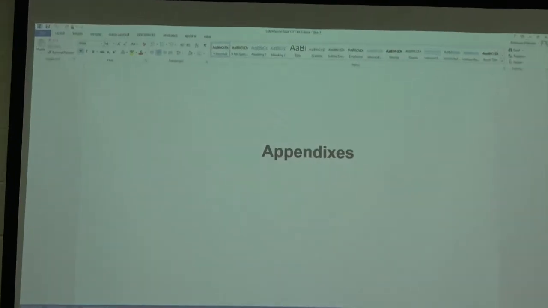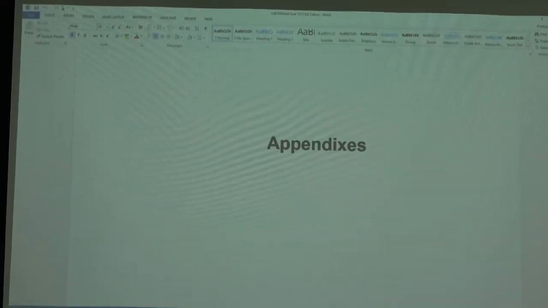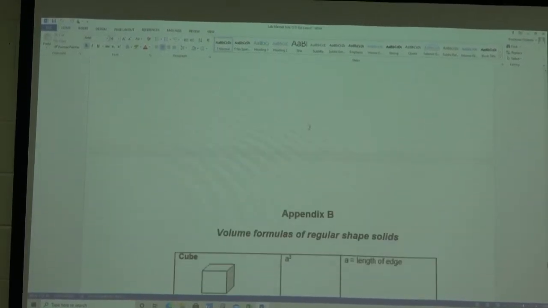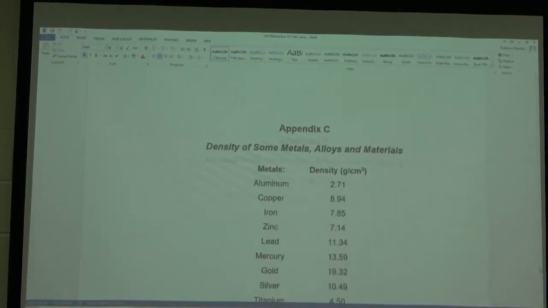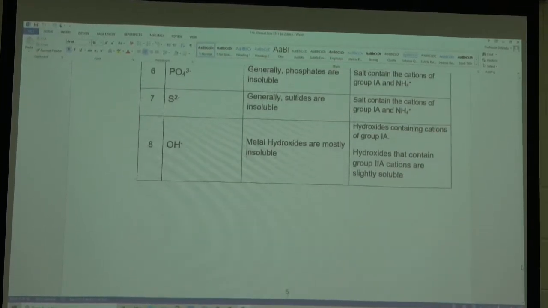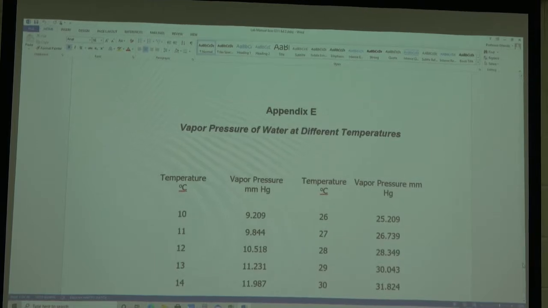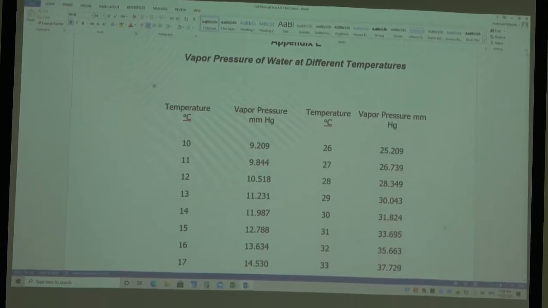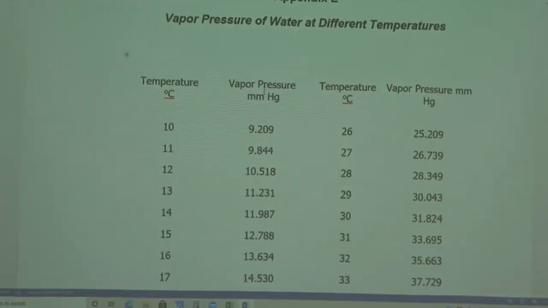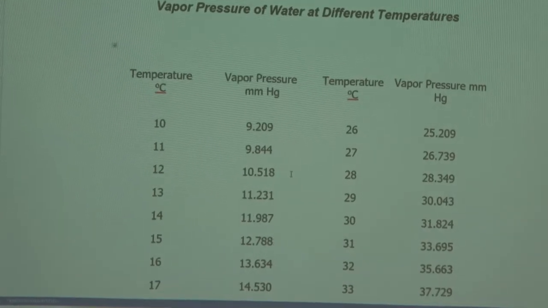Go to the appendixes of the lab manual, and on those appendixes you are going to find one which is appendix E, in which you have listed the vapor pressure of water in millimeters of mercury as a function of temperature.